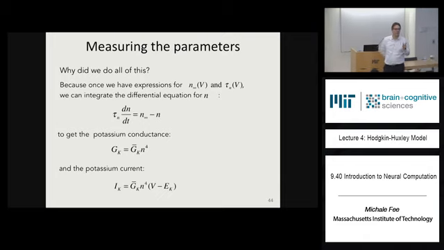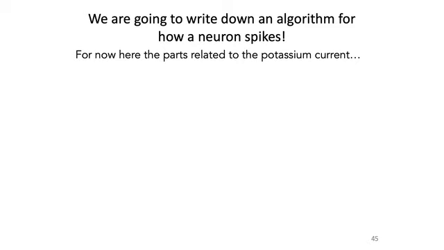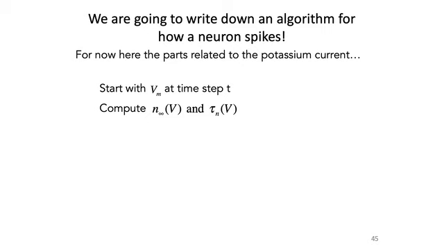And now, let's come back to our algorithm for making an action potential. So we have the parts related to the potassium current. We still have to add the parts related to sodium, but it's going to look very similar. So here's the idea. We start with the membrane potential at time step t. We compute n infinity and tau n. We integrate dn/dt one time step to get the next n.